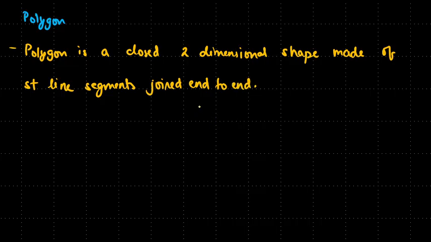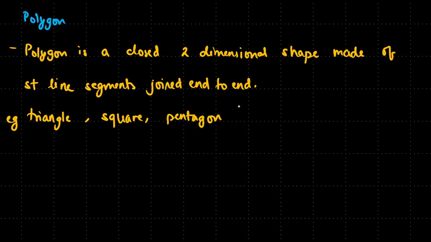So this is just the definition for definition's sake, but actually let's talk about the examples, which will make it much more clear. Examples would be triangle, square, pentagon. I'm just taking random shapes, etc. So these are polygons. If they can be made by straight line segments joined end to end, they will be.